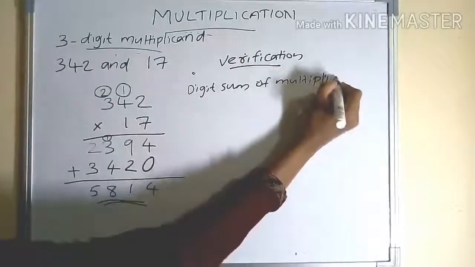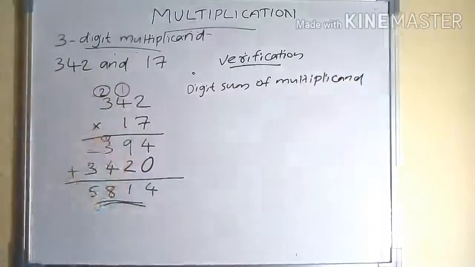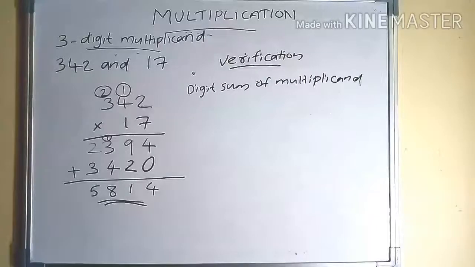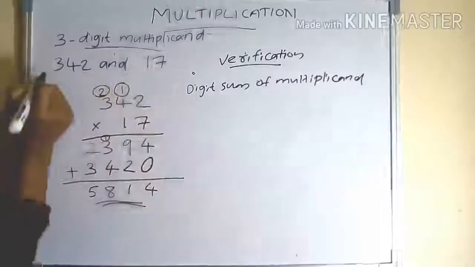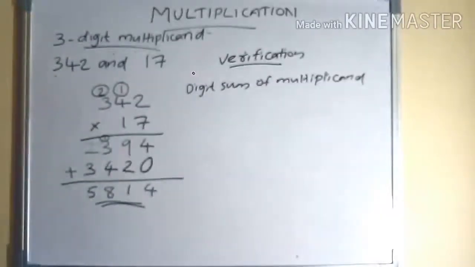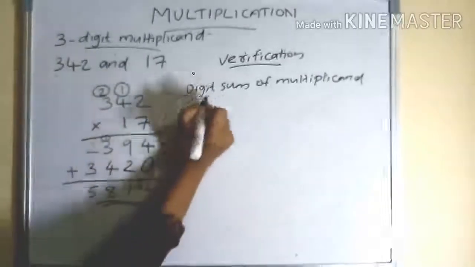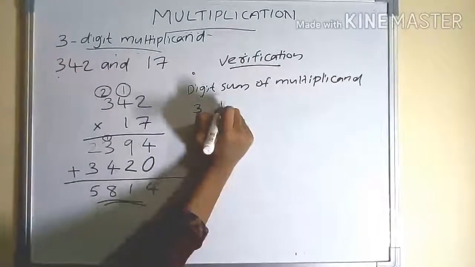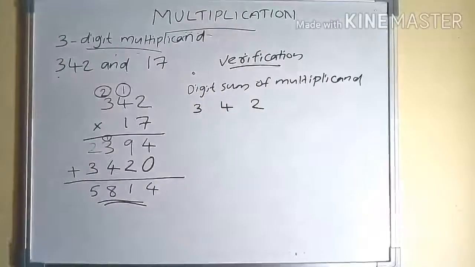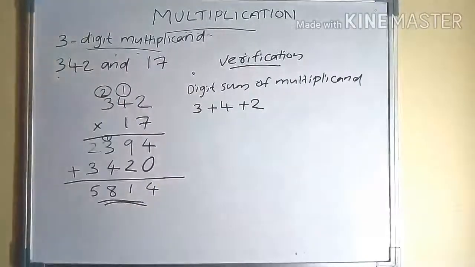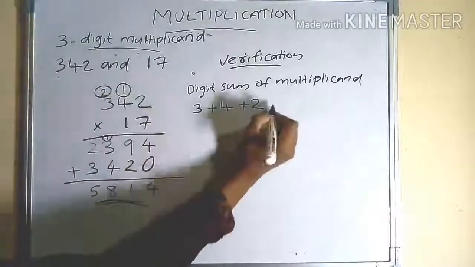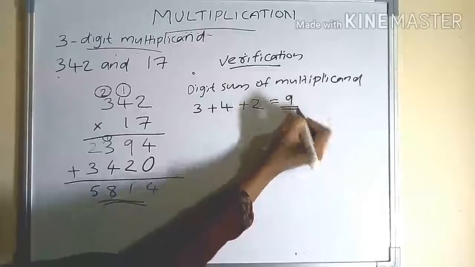Digit sum of multiplicand means just split this into single digits. 342 is a three-digit number. So, split these into single digits: 3, 4 and 2. Next, add these three numbers. 3 plus 4, 7. 7 plus 2, 9. This is a single digit number.